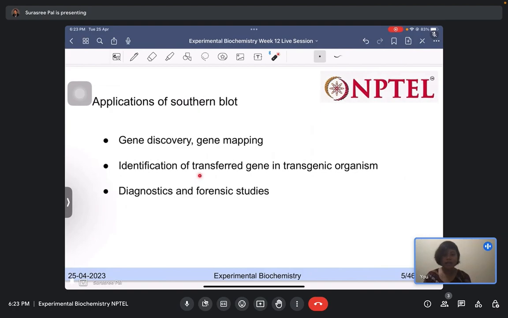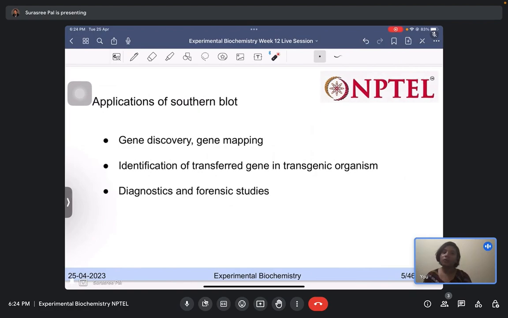For that you can use this Southern blot experiment, and you can design a probe which will be complementary to the transferred gene sequence, right? Then you can visualize whether this probe DNA is hybridizing to the gene sequence or not, whether there is a signal coming from the probe DNA.